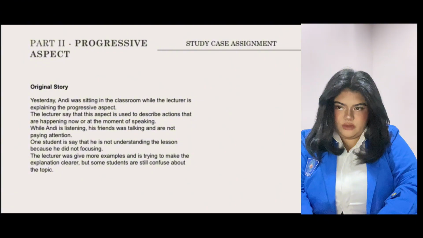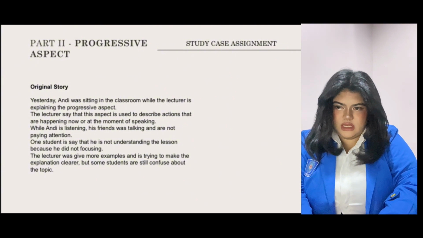The original story is: yesterday, Andy was sitting in the classroom while the lecturer is explaining the progressive aspect. The lecturer says that this aspect is used to describe actions that are happening now or at the moment speaking. While Andy is listening, his friends was talking and are not paying attention.